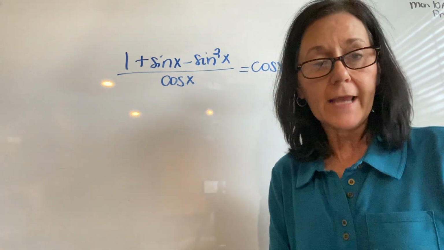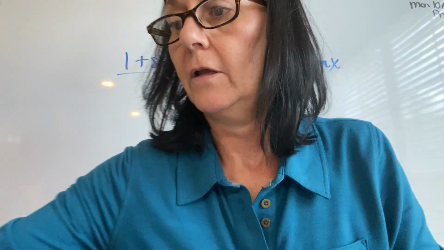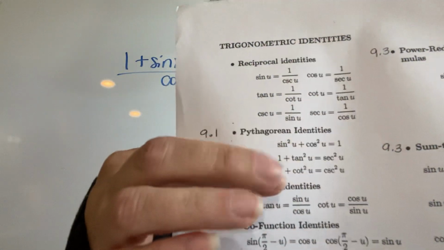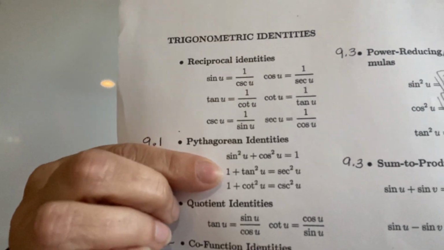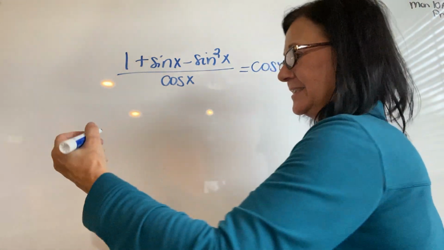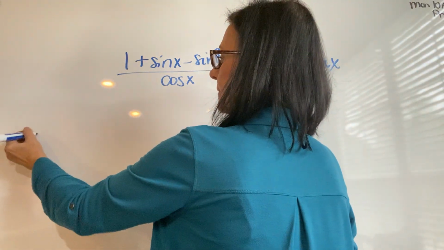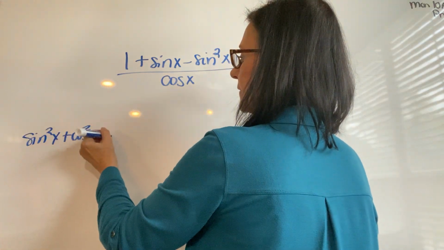You may not recognize this, but the Pythagorean identity for sine is sine squared plus cosine squared equals 1.